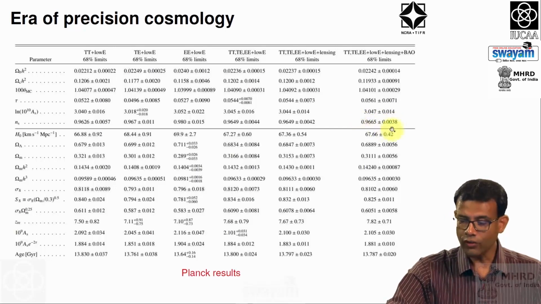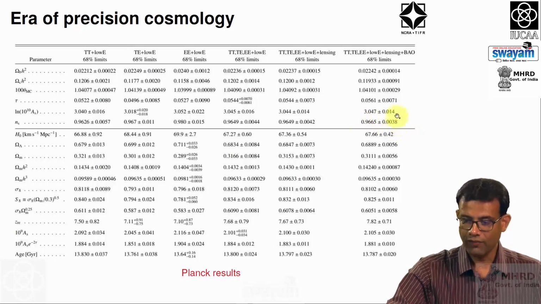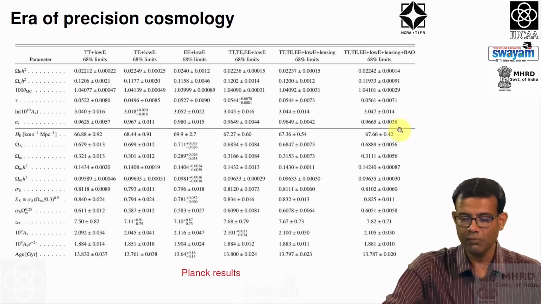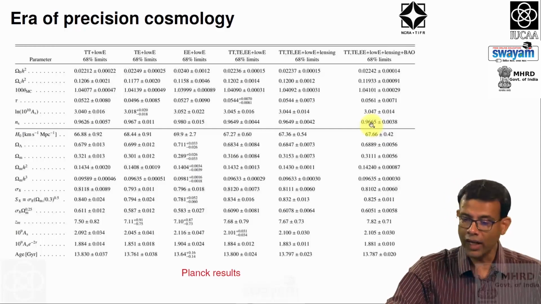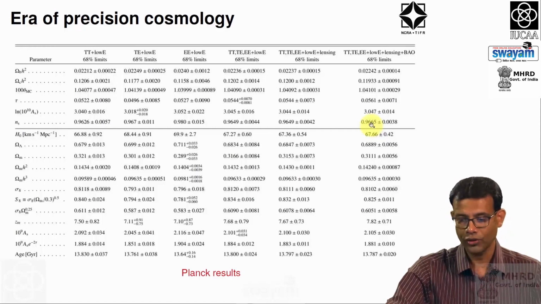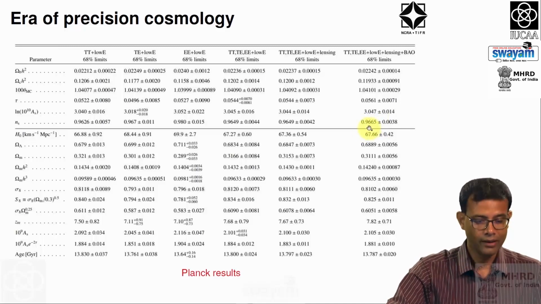So, if you work it out, you can see that it is not 1, it is actually less than 1, even within error bars. Okay. So, even if I magnify the error bars by 3 or so, which we call the 3 sigma limits, it is not going to hit 1. So, n equal to 1 is at present ruled out. Okay. So, the power spectrum is not scale invariant, but it has a slope and it is slightly less than 1.